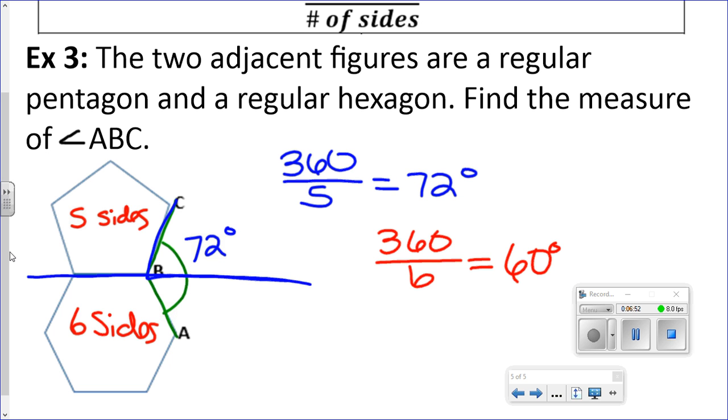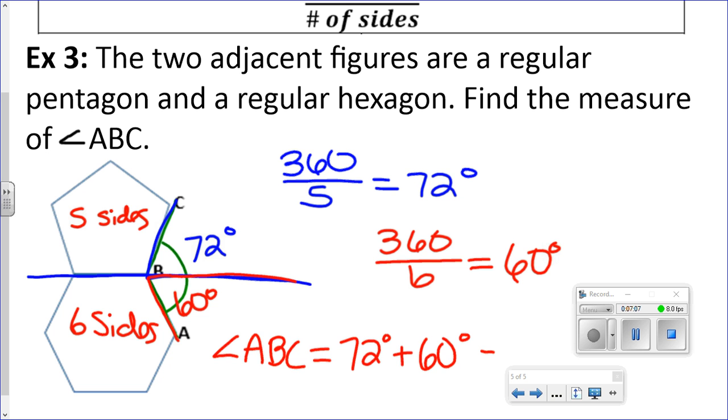So this angle is 60 degrees. So angle ABC is equal to the 72 degree angle plus the 60 degree angle, which is equal to 132 degrees. Okay, so what you have to do is find the exterior angle of both, add them together, and you end up with the combined angle ABC. So make sure you're actually looking at the picture. What are you looking for? This one is showing you that I want the exterior angle. Okay, and that's it.